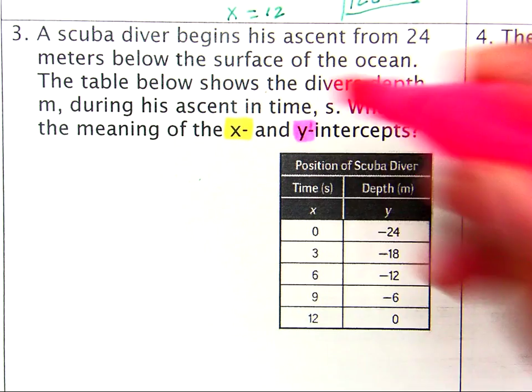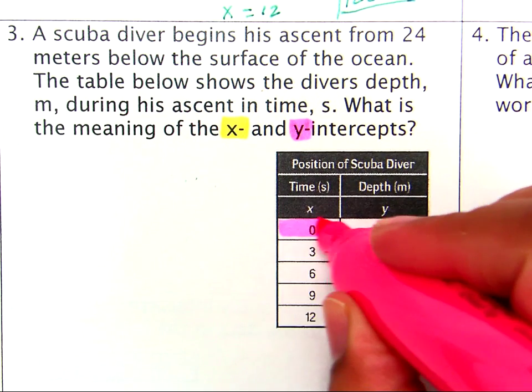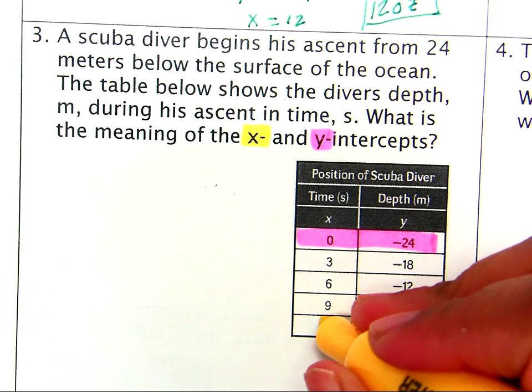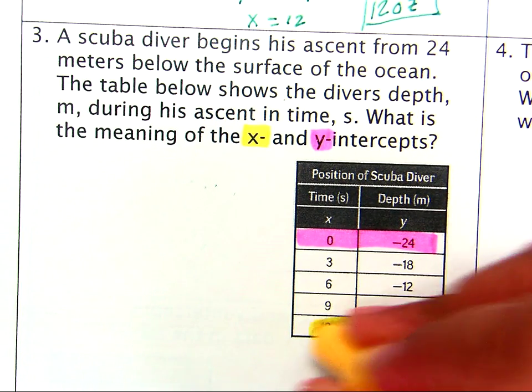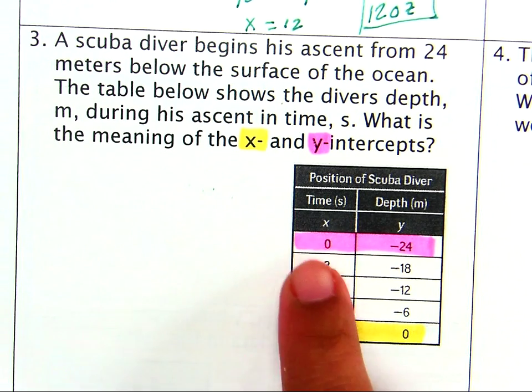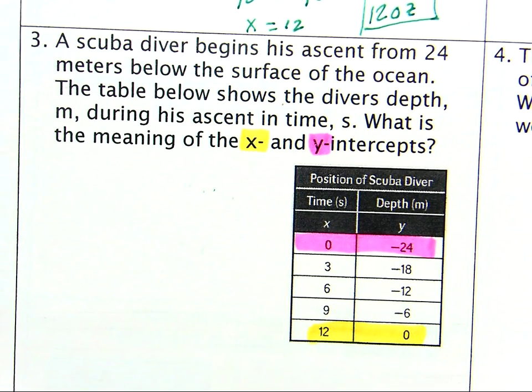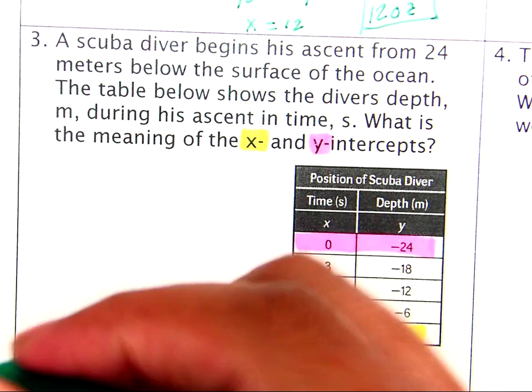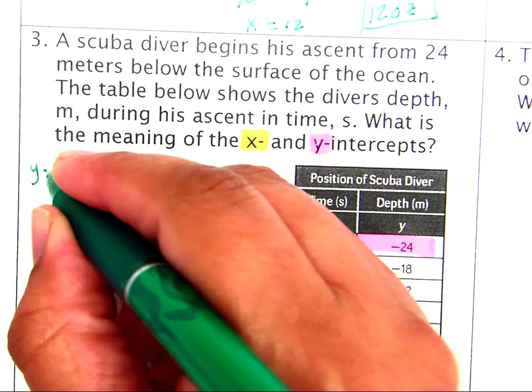So my y-intercept, remember your y has a 0 where the x is, and the x has a 0 where the y is. So what would it mean for it to say 0, -24? Well, 0, -24 would be the y-intercept.